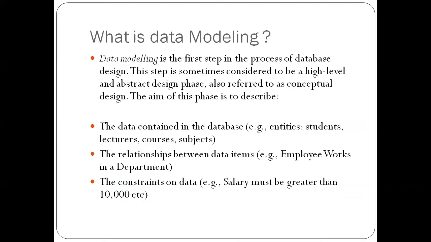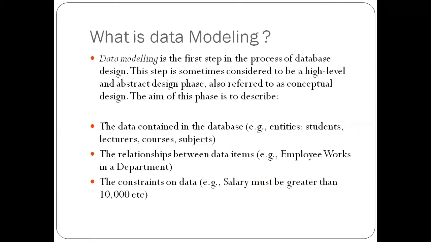Okay. For example, it can capture the data contained in the database, like entities such as students, lecturers, professors, courses; the relationships between the entities, like an employee works in a department; and the constraints, like salary should be greater than 10,000 or whatever is the case.